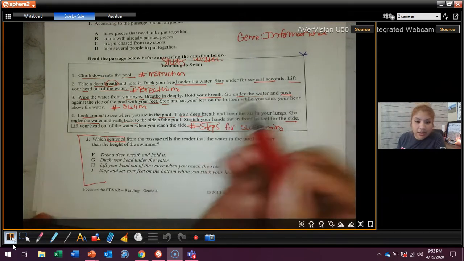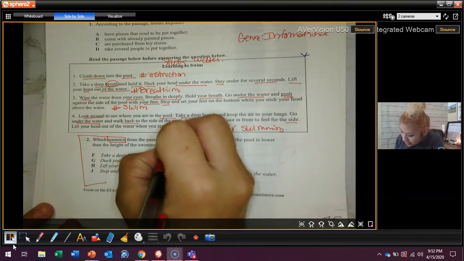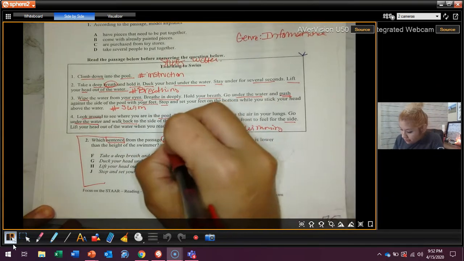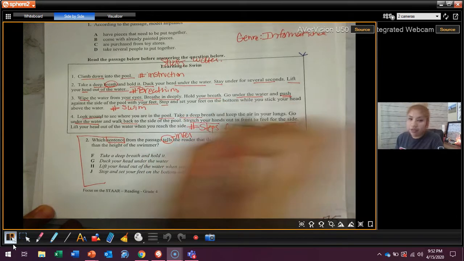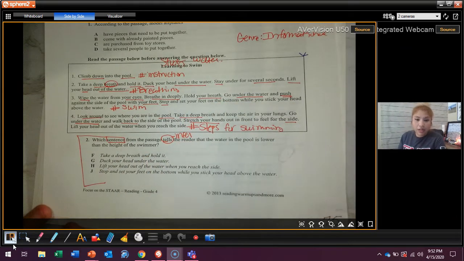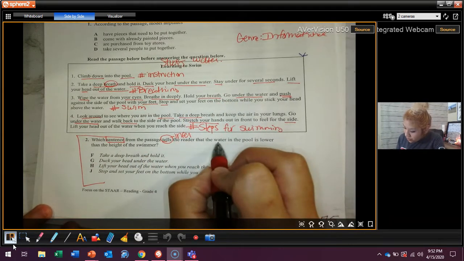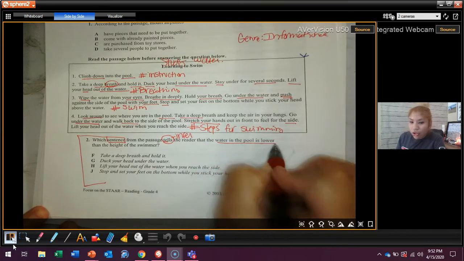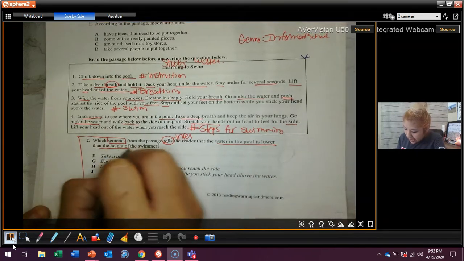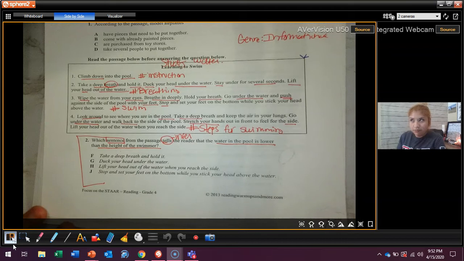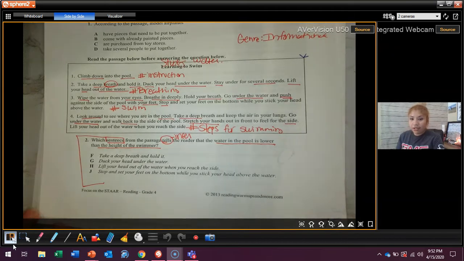So let's see. Which sentence from the passage tells? What's a synonym for tells? We could write infer. You could also write conclude. So that the water in the pool is lower than the height of the swimmer. So they're saying here that the water is lower than me.